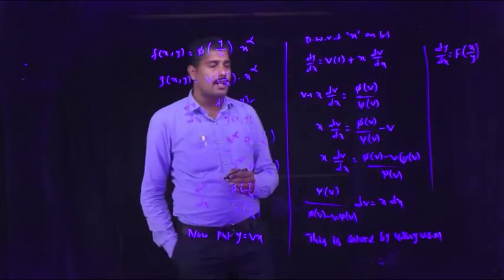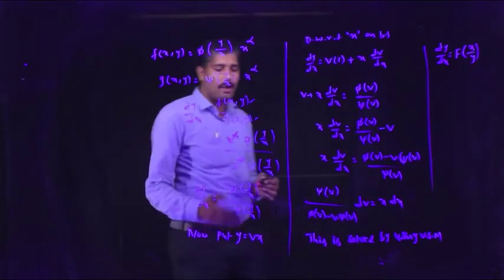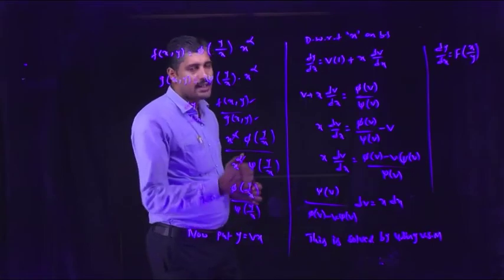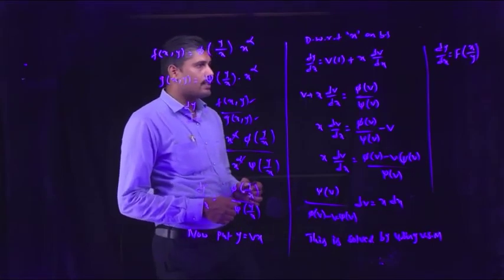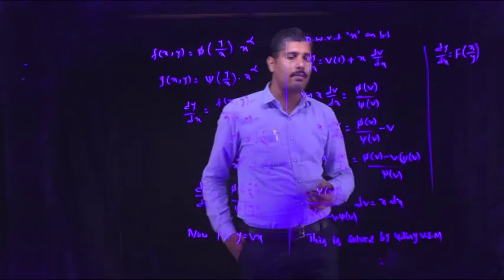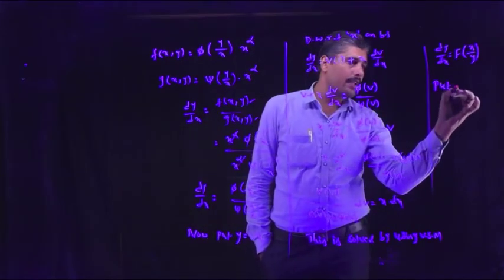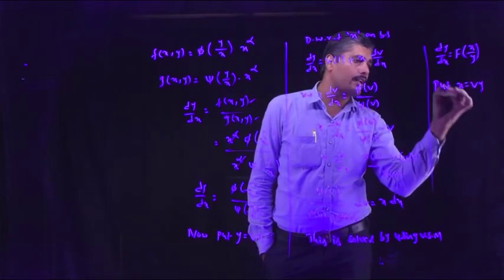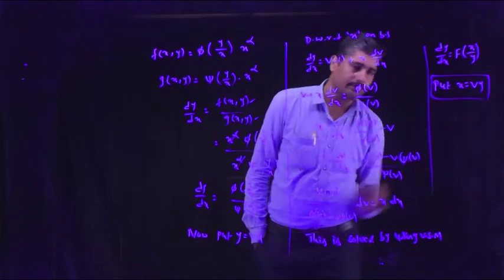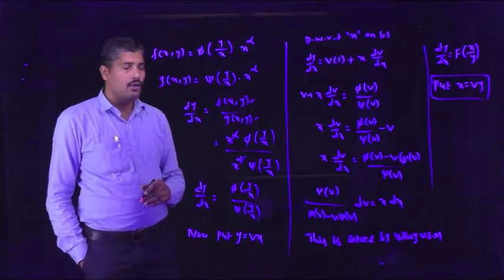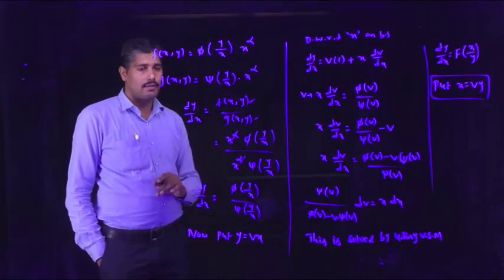Here f of y by x, phi of y by x by psi of y by x, that is equal to f of y by x. Suppose the function f of x comma y is x by y, then take the hint, put x equal to vy. Like that, we are solving the homogeneous differential equations.